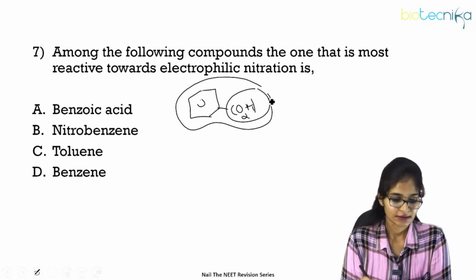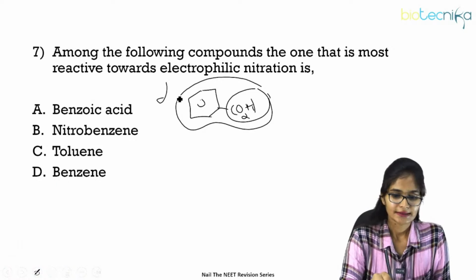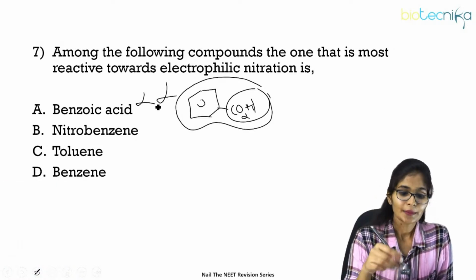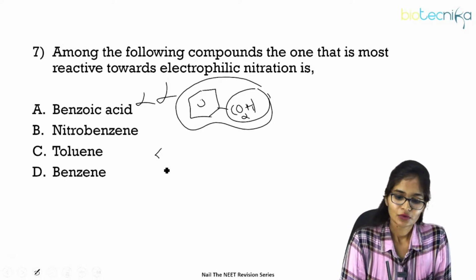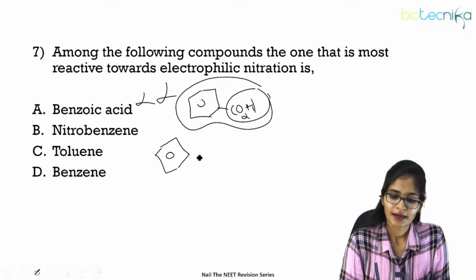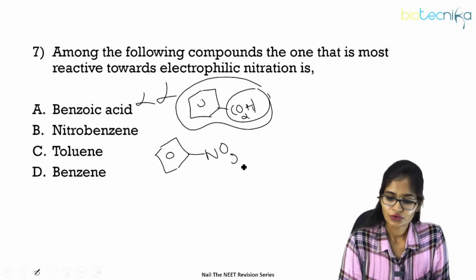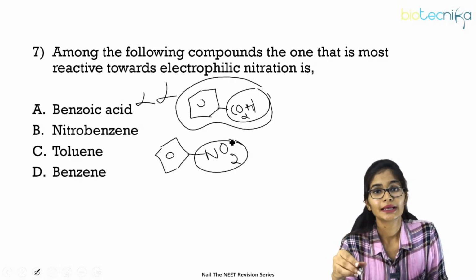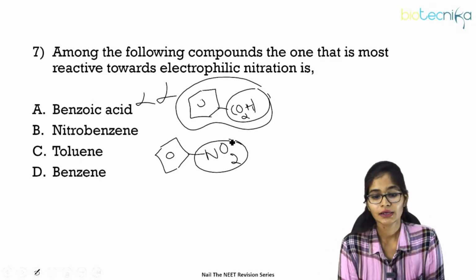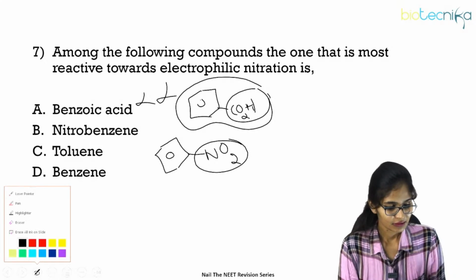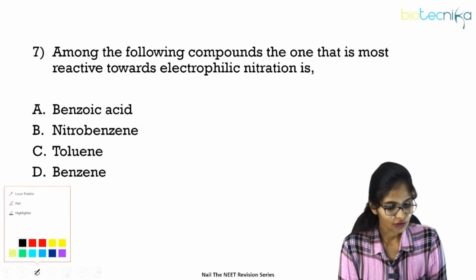So option A is cancelled. Now option B, nitrobenzene, carrying a nitro group. Again it is an electron withdrawing group, it will reduce the electron density and it will not undergo electrophilic nitration easily.